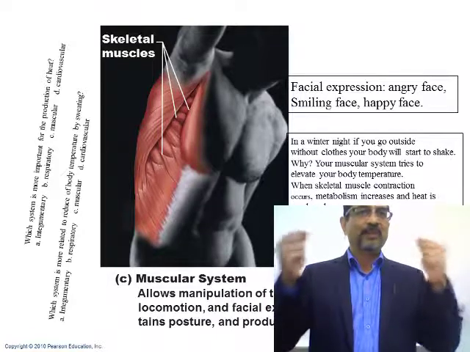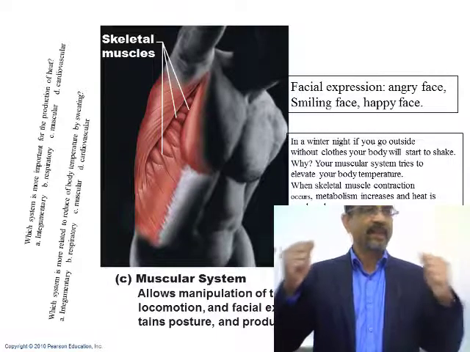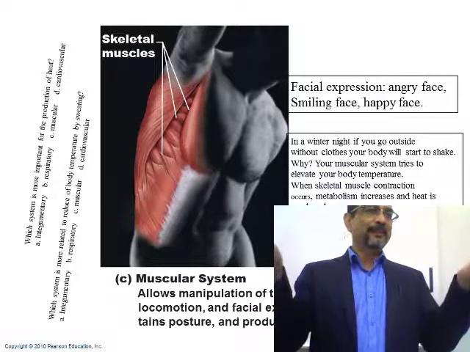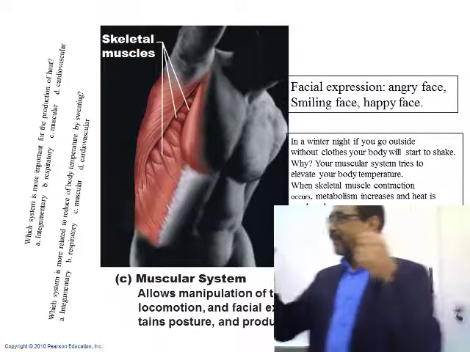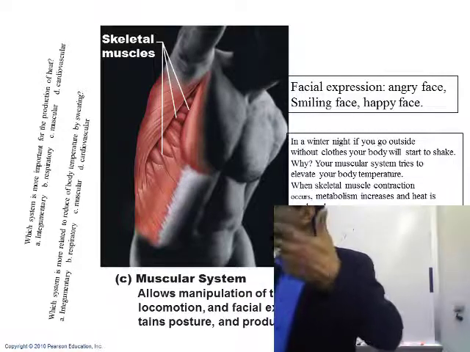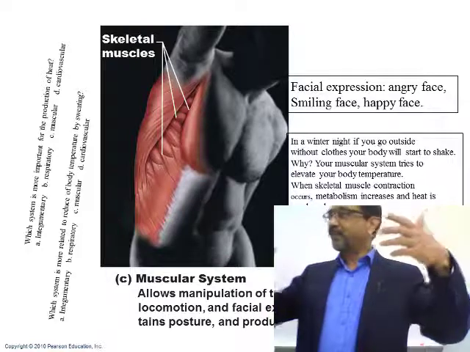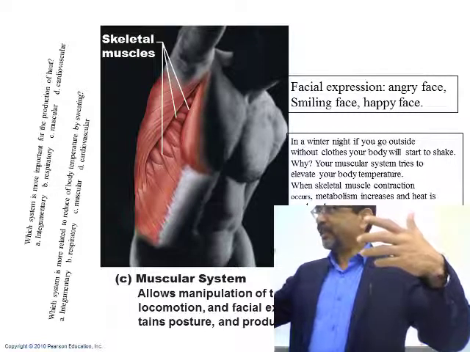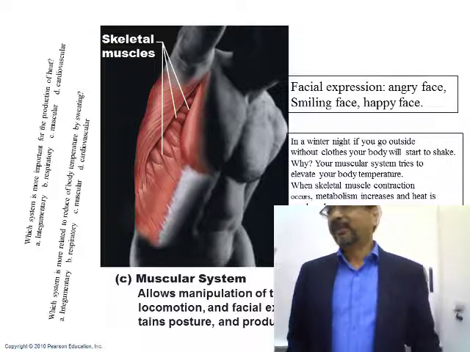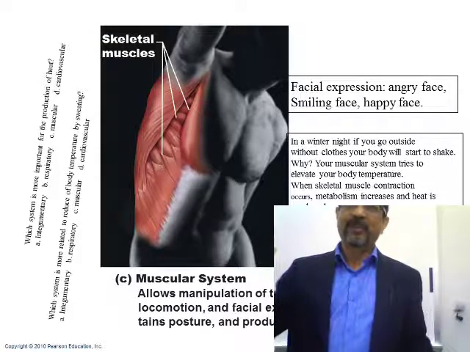Your body starts to shake, shivering. Why does that happen? To produce heat. So, skeletal muscle movement produces heat, to increase your body temperature. Make sense?